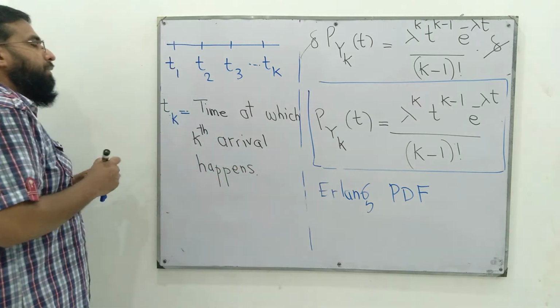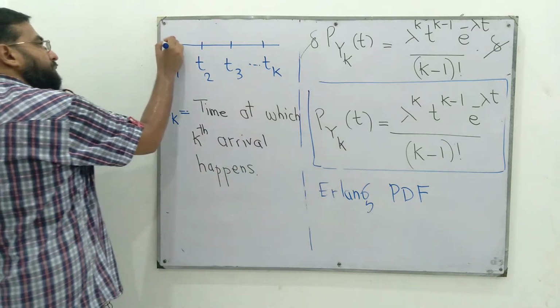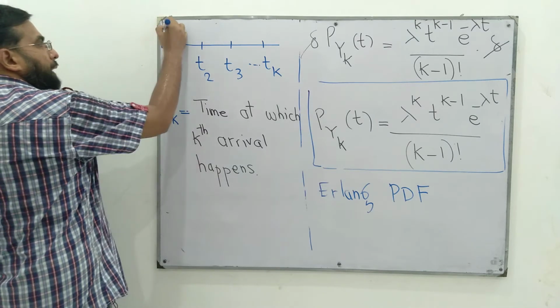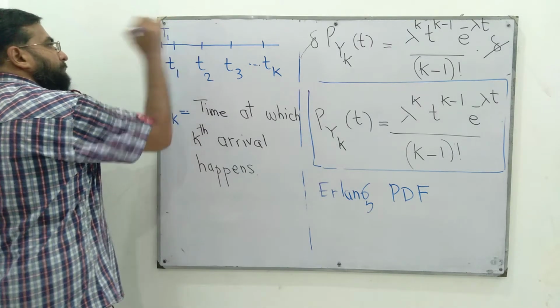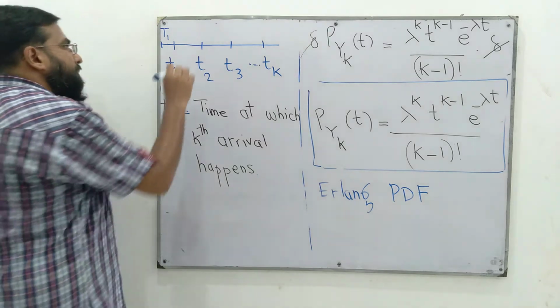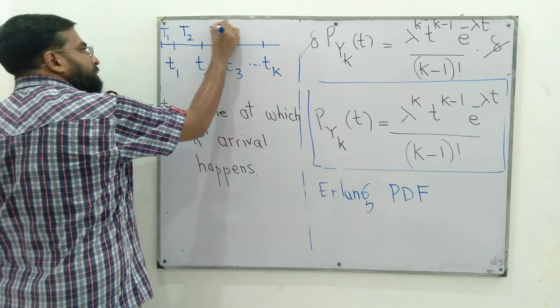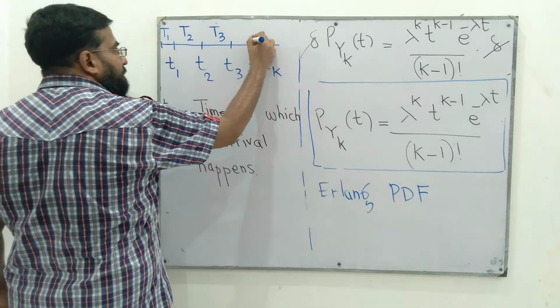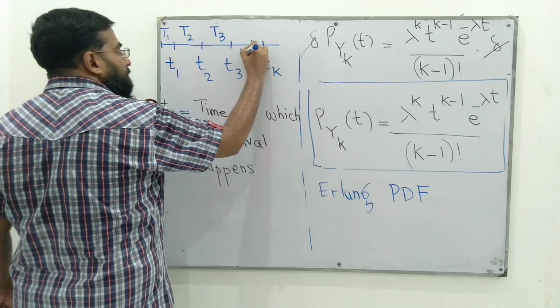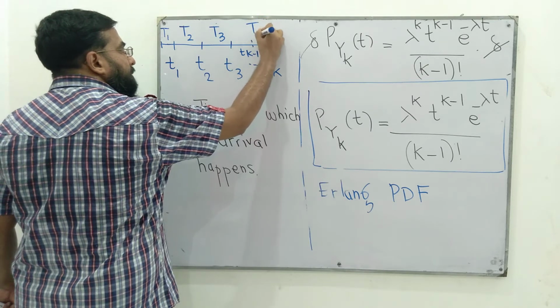From 0 until the first arrival happens, the time can be represented as capital T1. The time between the first and second arrival is T2, this is T3, and if it is the k minus 1 arrival, this time is Tk.